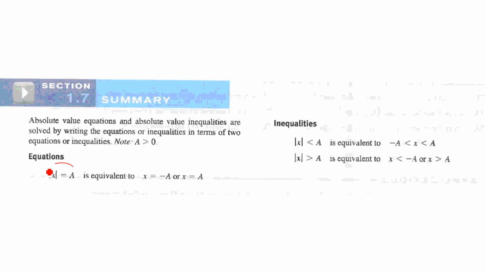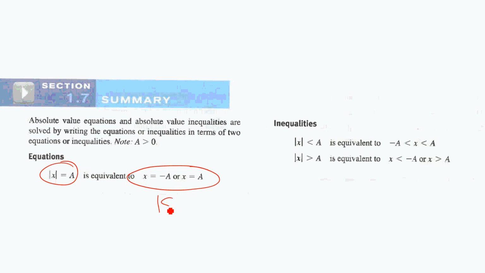So the definition of absolute value: if the absolute value of x equals a, then x equals negative a or a. So if we do the absolute value of 8, we get 8. If you do the absolute value of negative 8, you get 8.